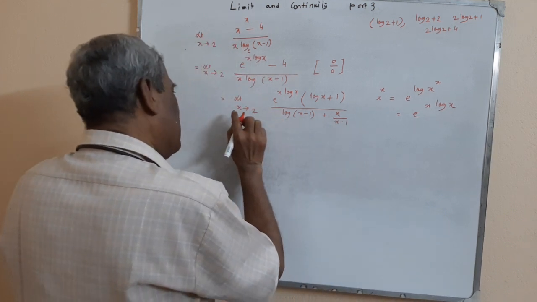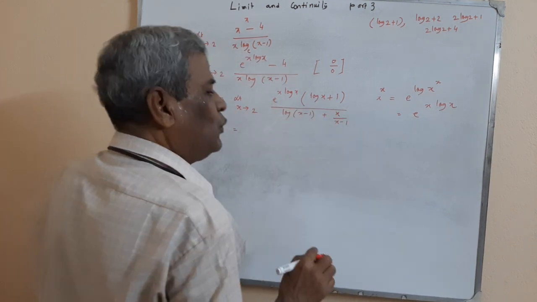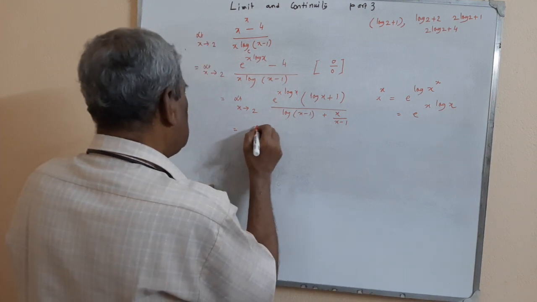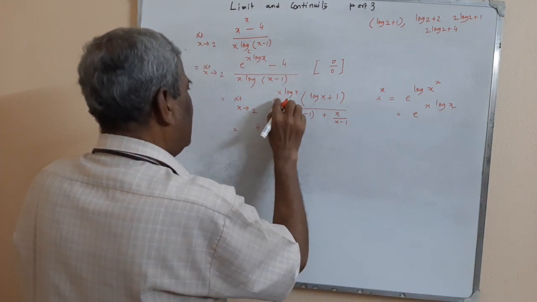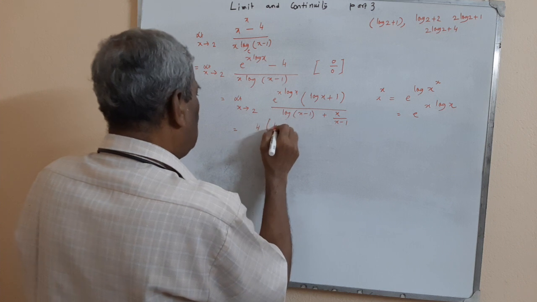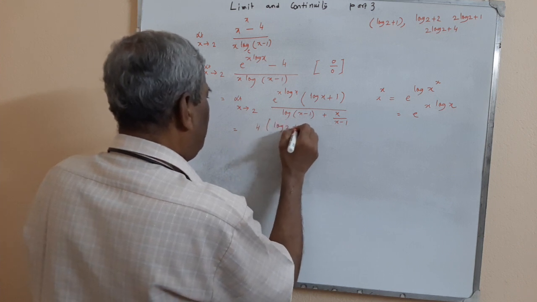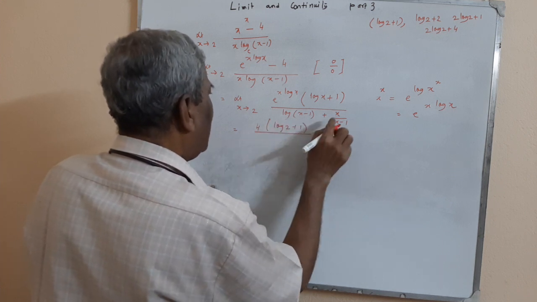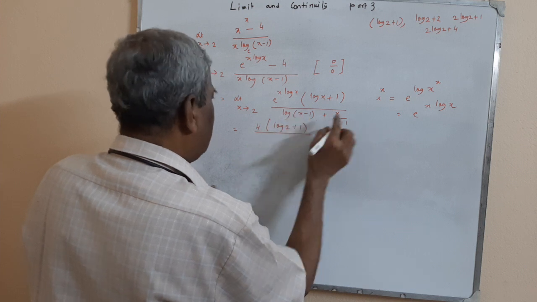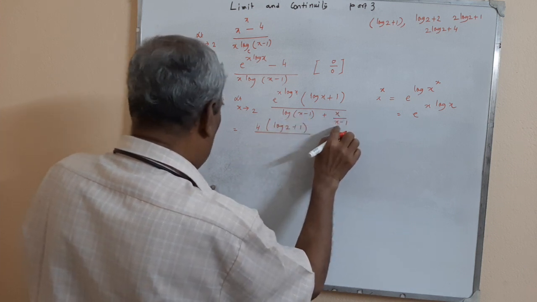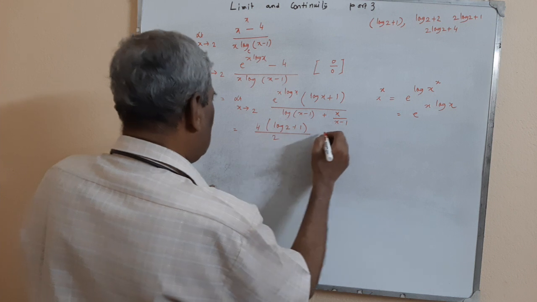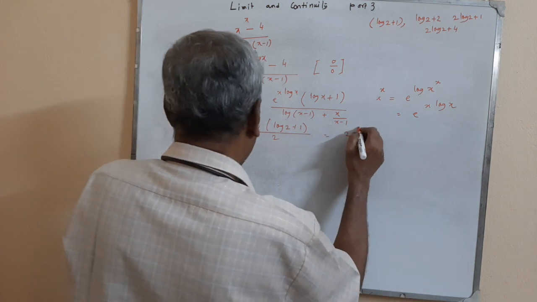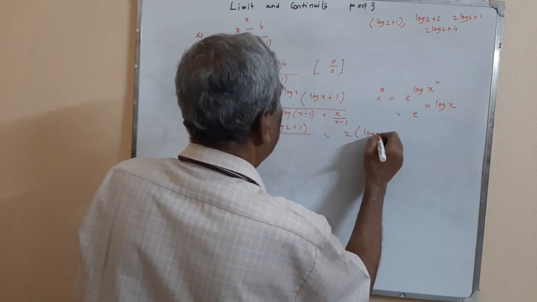So by putting x equal to 2 over there, we get the result: 4 into (log 2 plus 1) by 2, so that it is 2 into (log 2 plus 1).